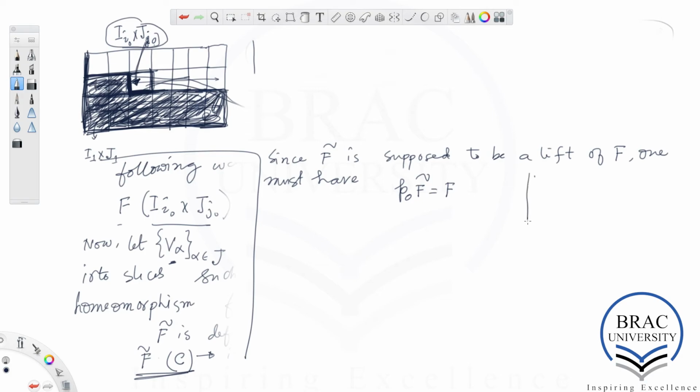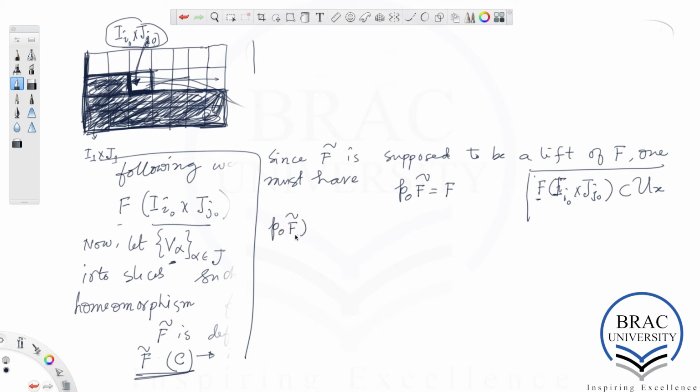Now, from the fact that we have mentioned earlier that f of I sub I0 cross J sub J0 is contained in U sub X, where U sub X is some evenly covered open set by P, therefore we just replace f with P composed with f tilde.